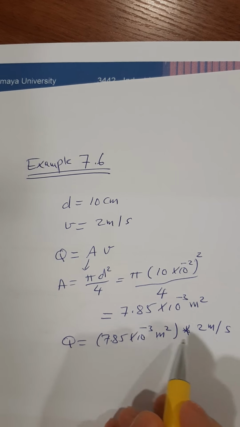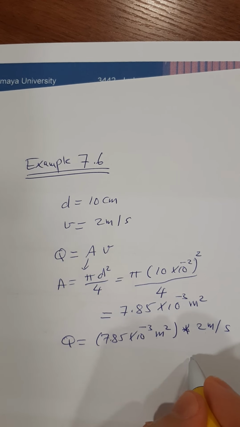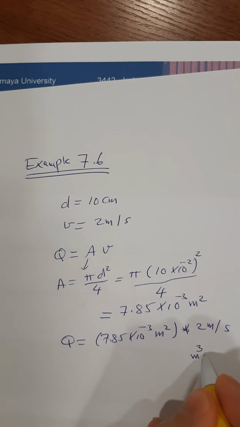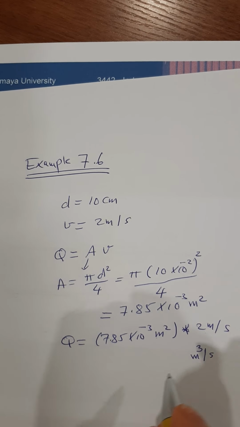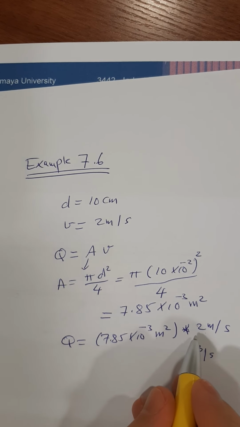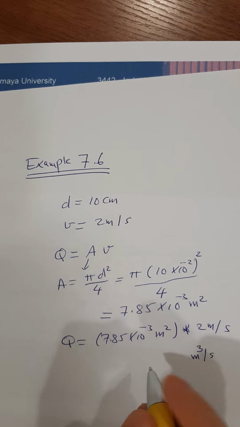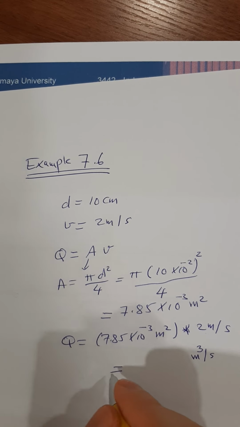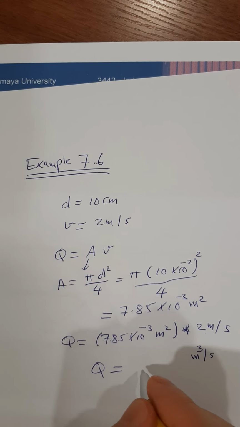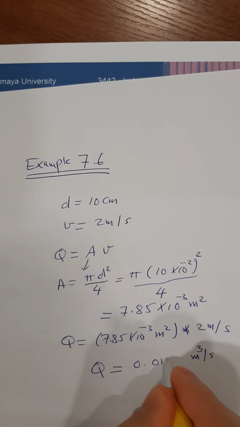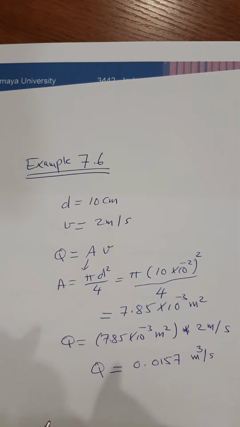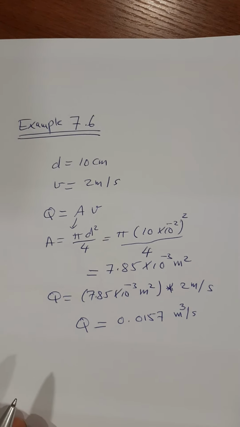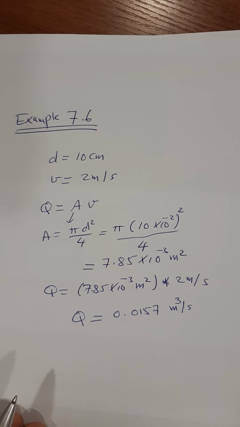So meter squared times meter will be meter cubed, and here per second. So when we multiply this by this, it will be 0.0157 meter cubed per second. So this is the first example.